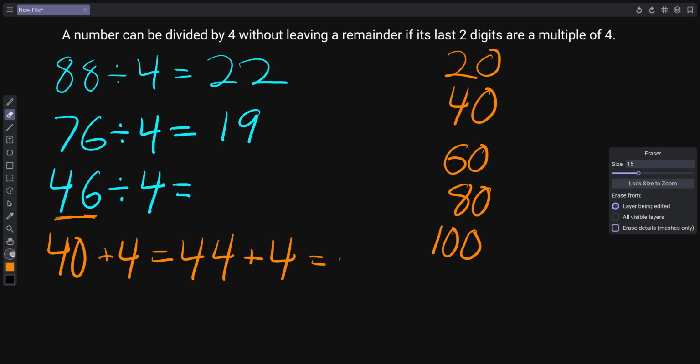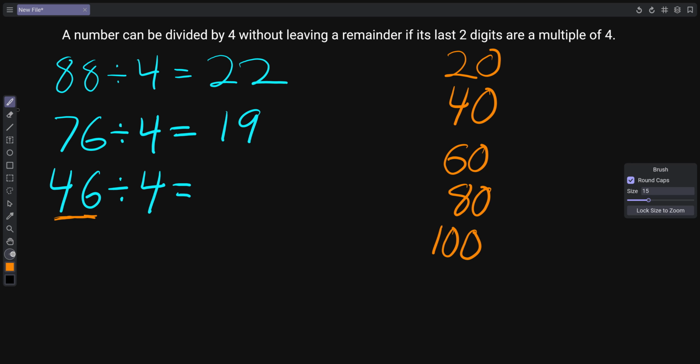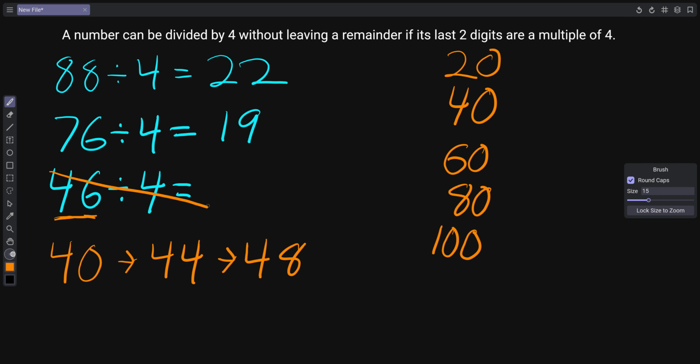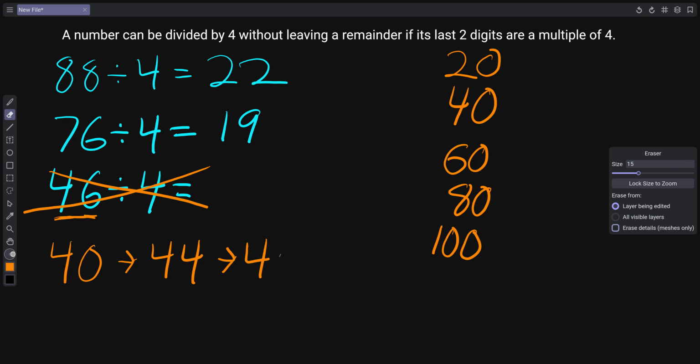So we actually know, because of that, that 46 is not a multiple of 4, because 40 would become 44, and then it would become 48, and we are not able to get 46 from counting up by 4 from 40. So we know this isn't going to work. We will not be able to evenly divide 46 by 4.